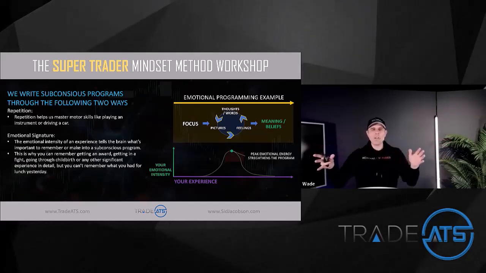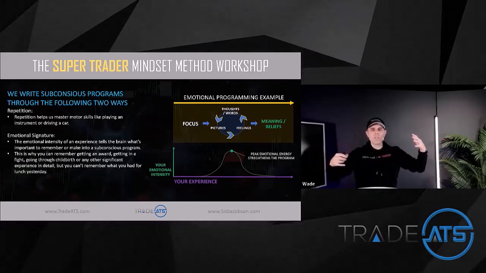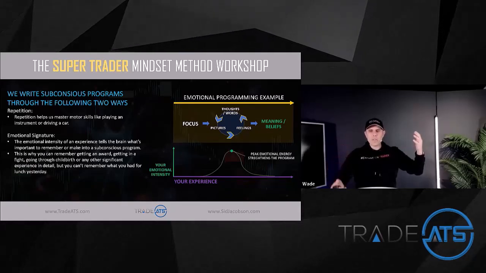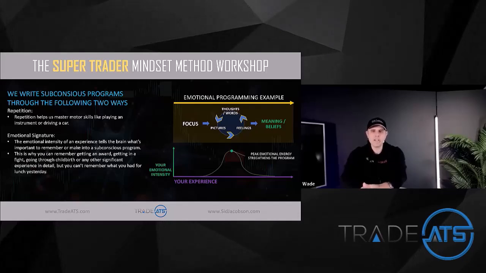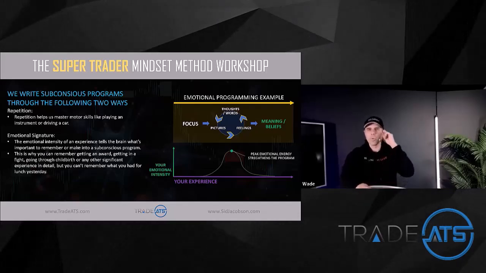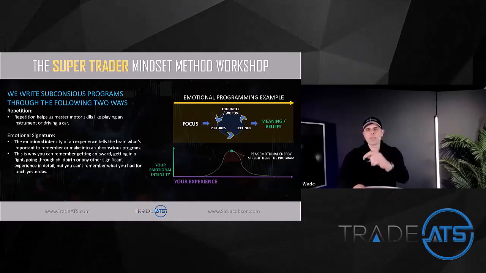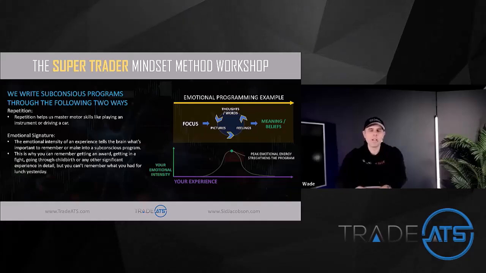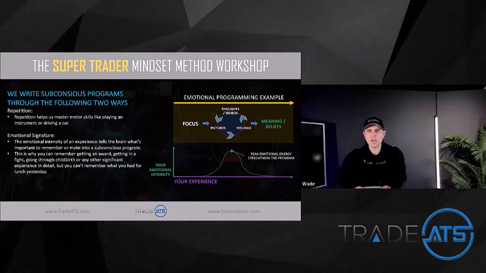Or if it's a big win, what is unique in the circumstance that I can remember so I can duplicate this or do it again, right? So the emotional intensity signature is something to pay attention to and be very aware of. The thoughts that you think, the words you put in your brain when you're highly emotional are writing those programs that you're going to run potentially for years. And if it's highly, highly emotional, then this could be very difficult to unwire.